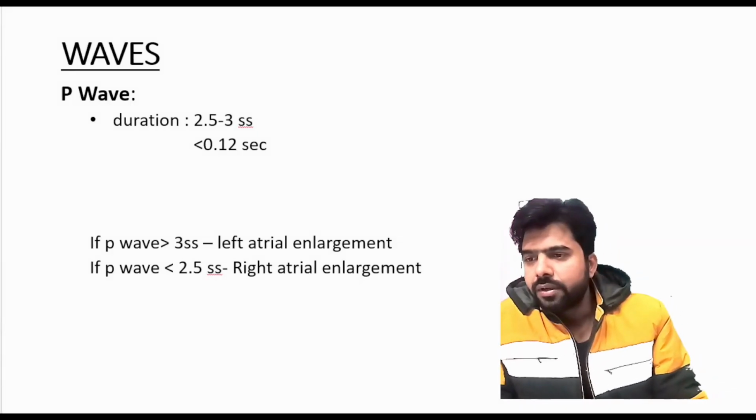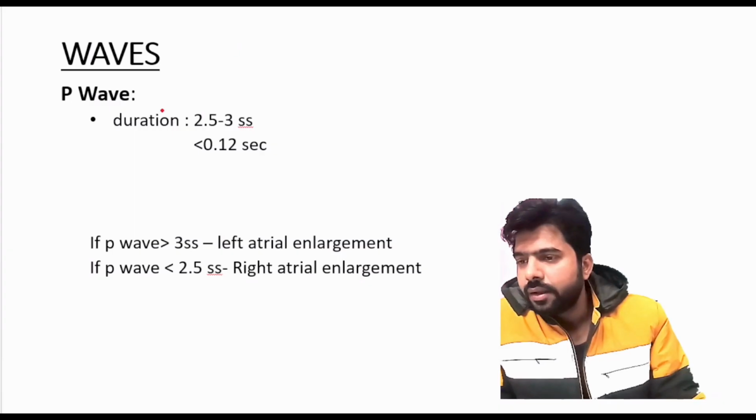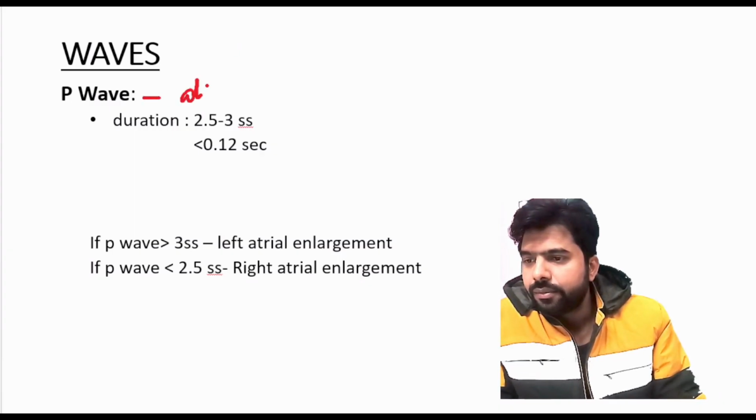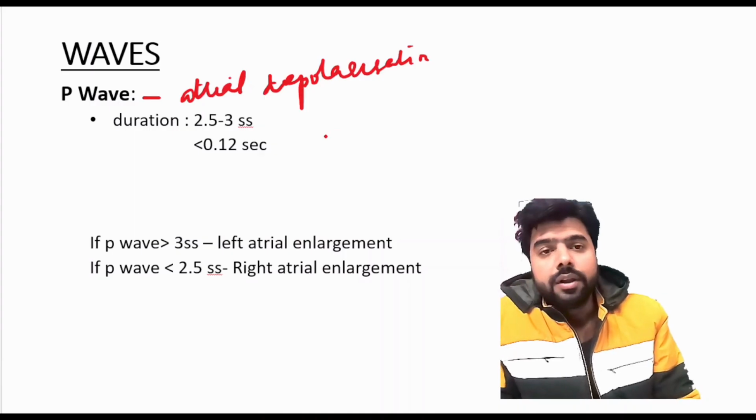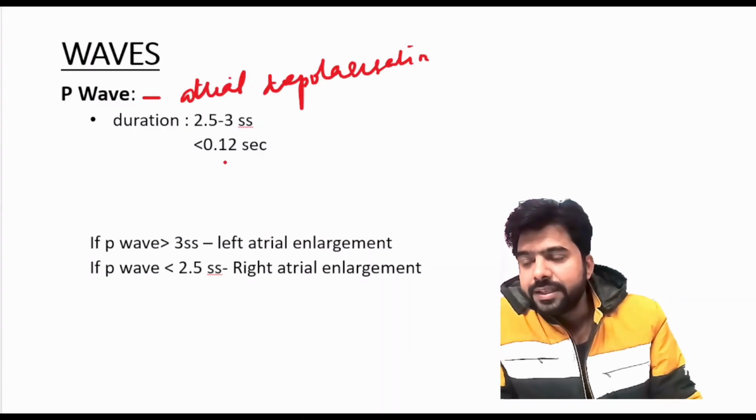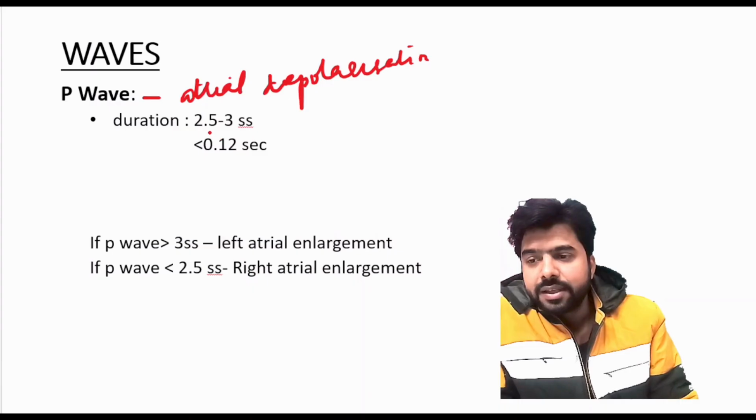So coming on to the P waves, the P wave occurs due to atrial depolarization. Now, the normal duration of P wave is less than 0.12 seconds, that is 2.5 to 3 small squares.